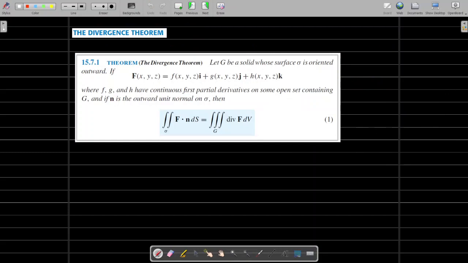Now suppose we have a solid G whose surface is sigma, and it is oriented in the outward direction.